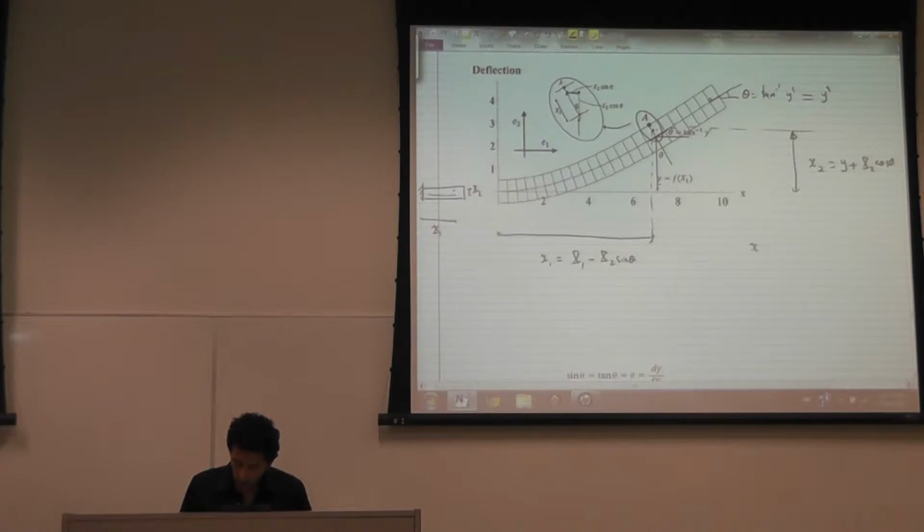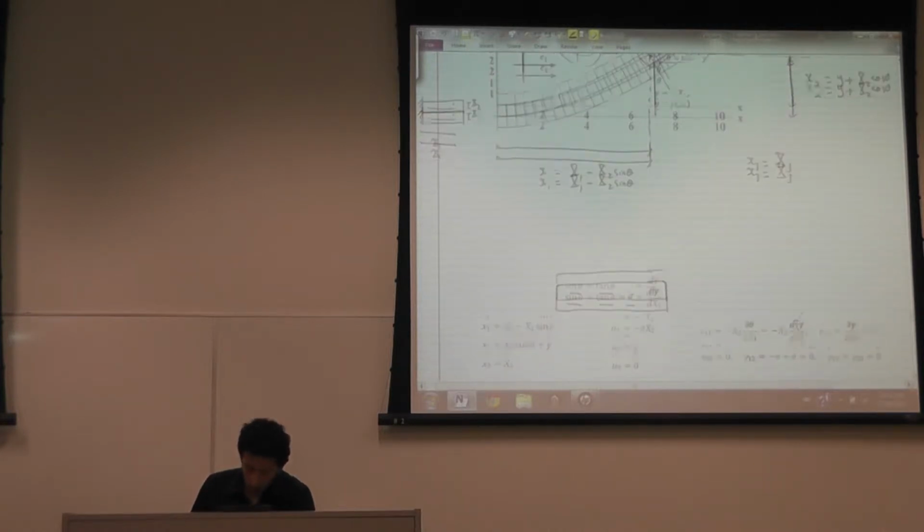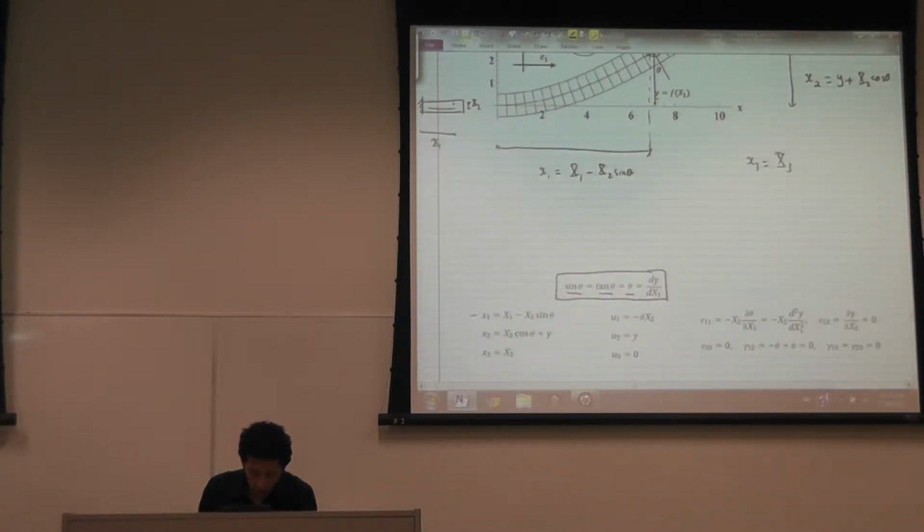And x3 stays the same. So small deformation tells me that sine theta is equal to tan theta is equal to theta is equal to dy by dx1. The new position is equal to those values.